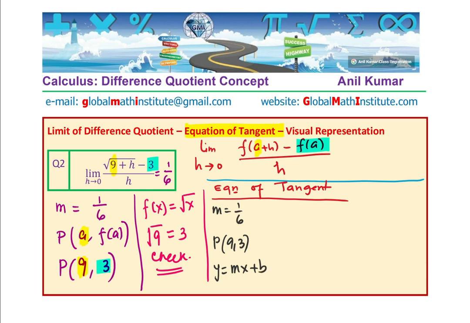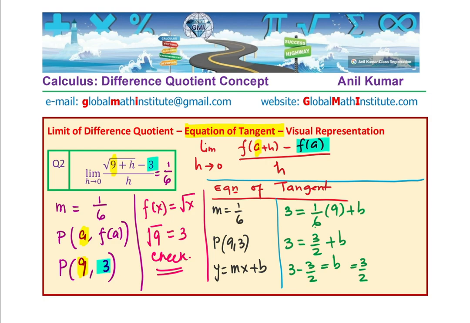In this equation, we substitute all the information given to us: y of 3, gradient of 1 over 6, the x value of 9, plus b, which we need to figure out. So 3 equals, simplifying, 3 by 2 plus b. So b is 3 minus 3 by 2, which gives you b equals 3 by 2.